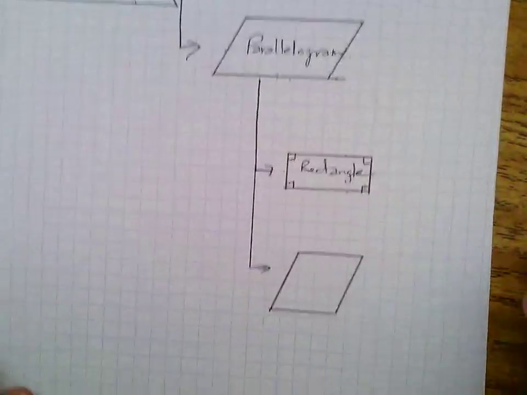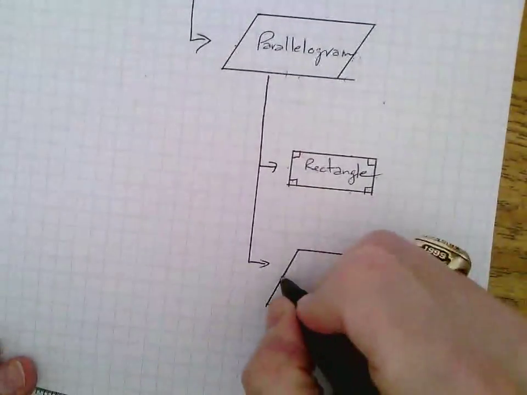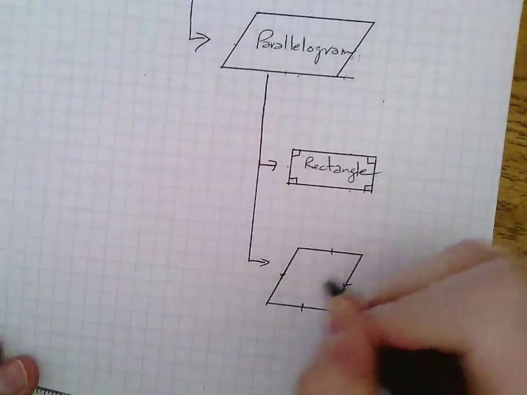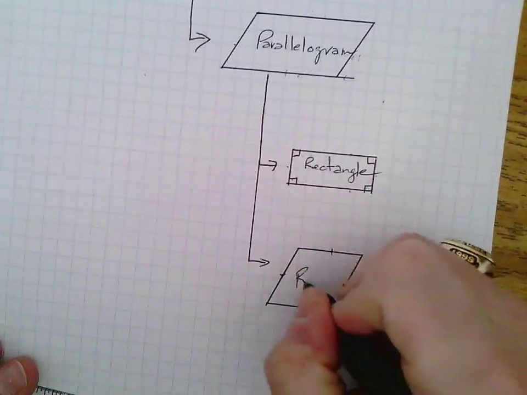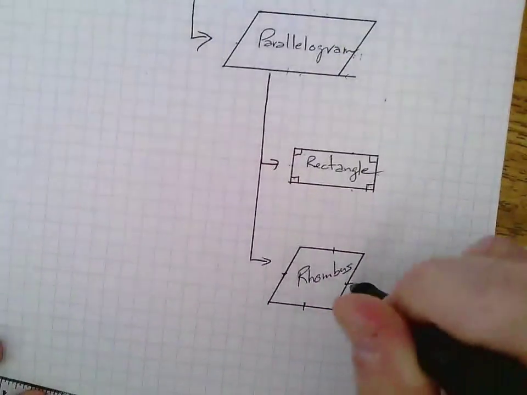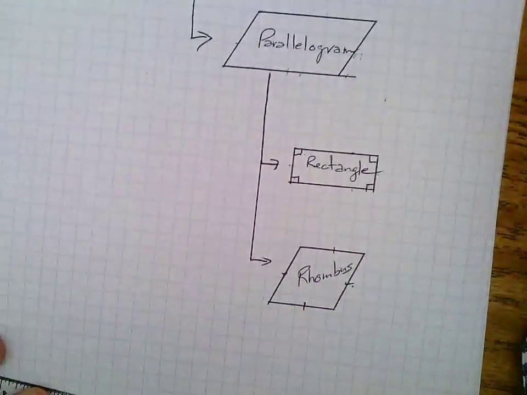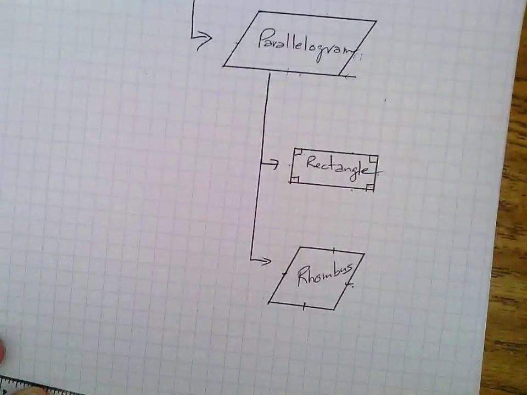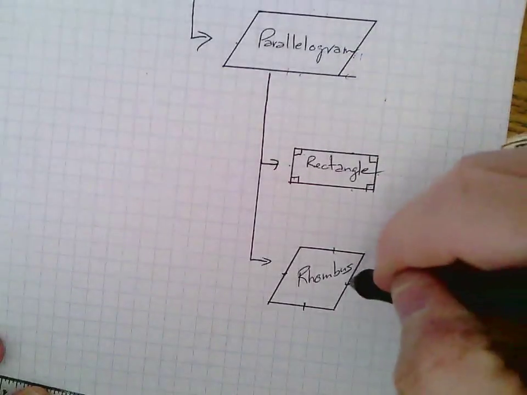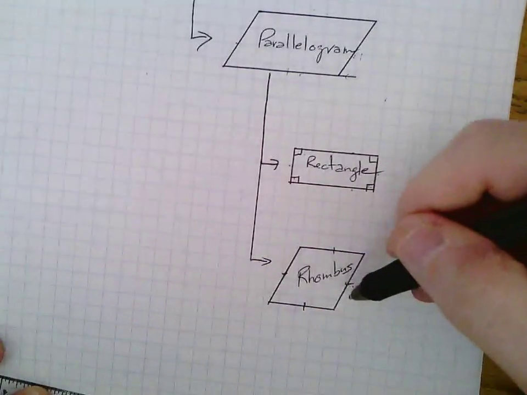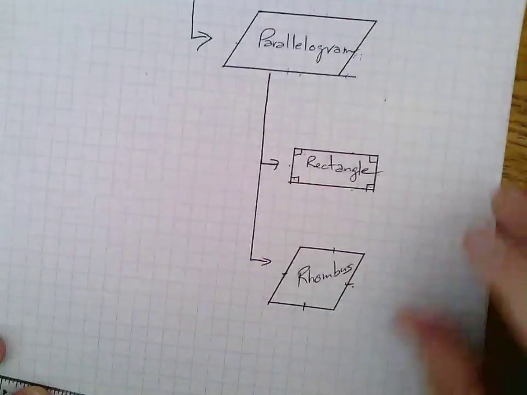All right, this is a parallelogram, but notice that the sides are all congruent. And that makes this shape a rhombus. So a rhombus is a parallelogram, which is a quadrilateral. A rectangle is not a rhombus, but a rhombus could be a rectangle.